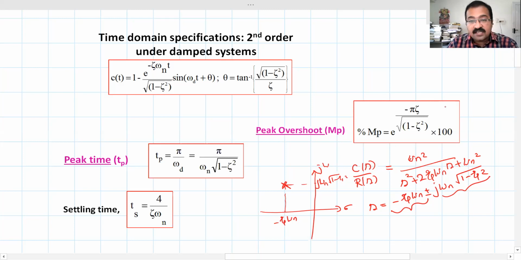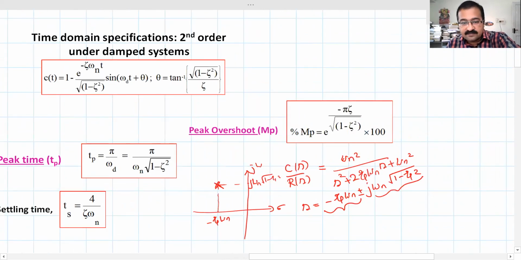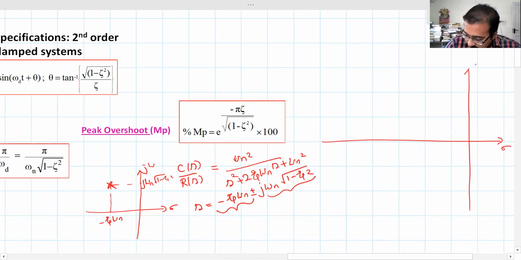Overshoot was e raised to minus pi zeta divided by root of 1 minus zeta square. So these are called transient response specifications or time domain specifications. It is obvious that settling time is given by 4 by zeta omega n. Now consider an S plane like this. This is the S plane.